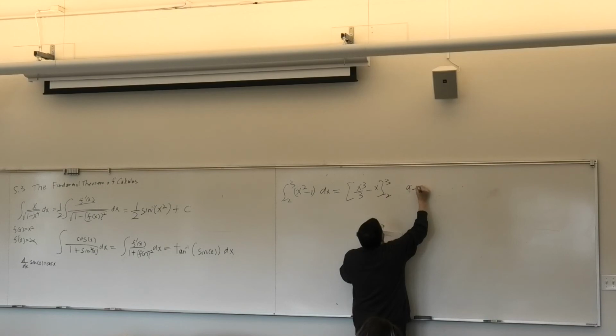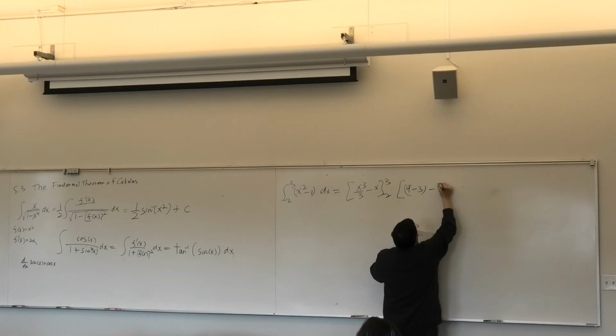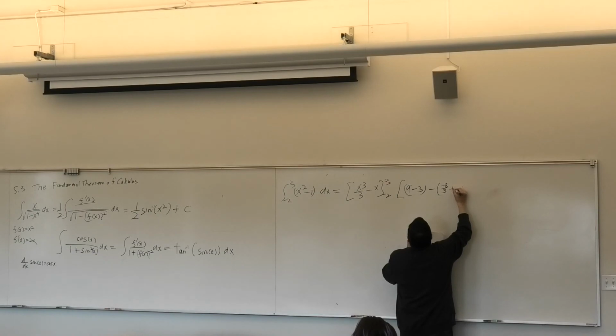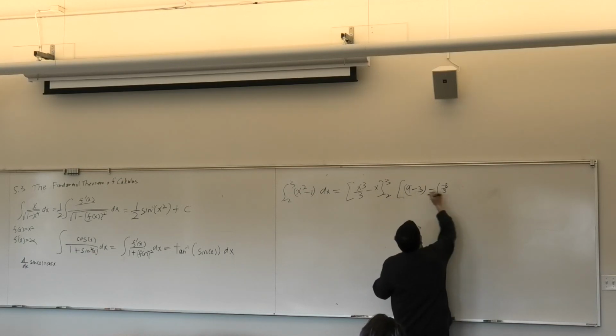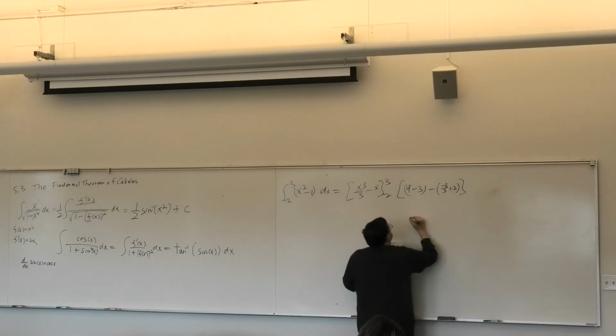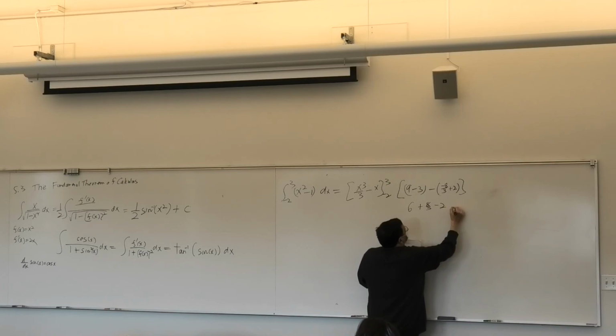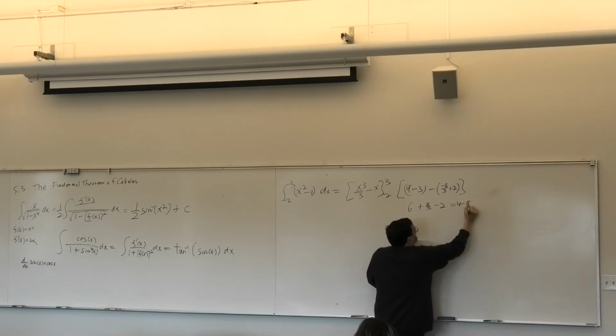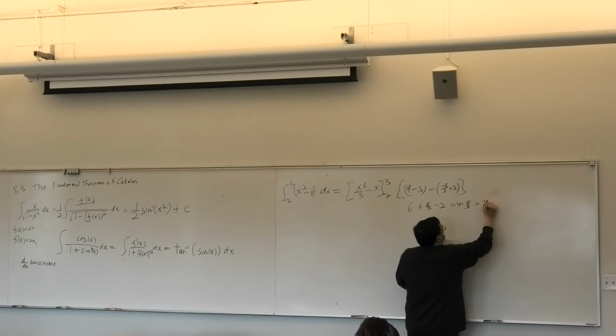That becomes 9 minus 3, minus -8 over 3 plus 2. So that's 6 plus 8 thirds minus 2, which is 4 plus 8 thirds. It's 20 thirds.